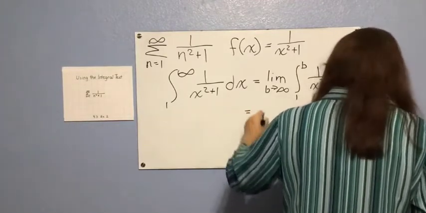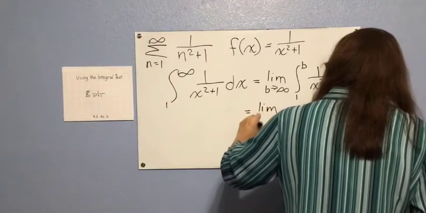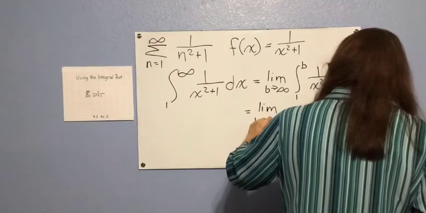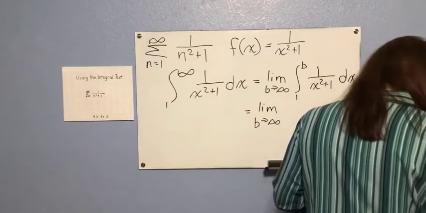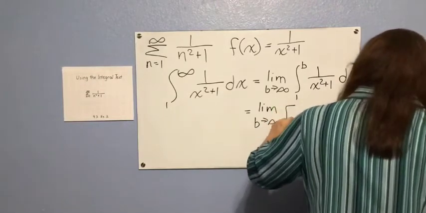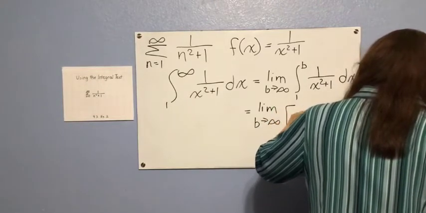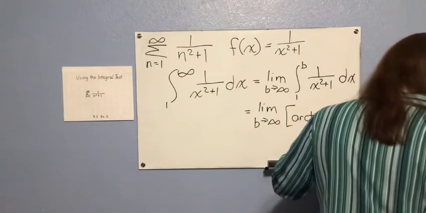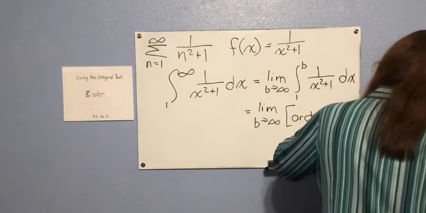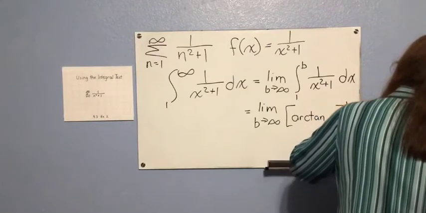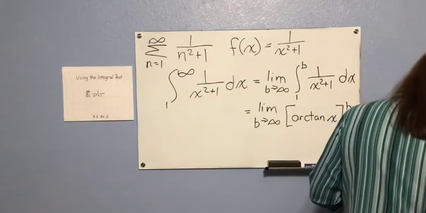And then when we integrate, we get the limit as b goes to infinity of arctangent x evaluated from 1 to b.